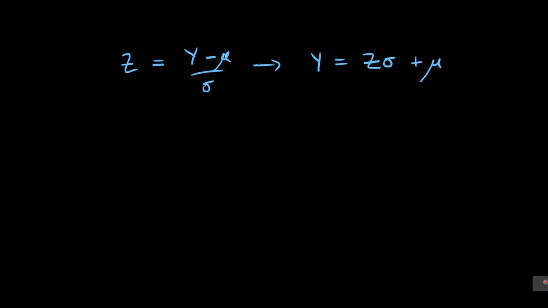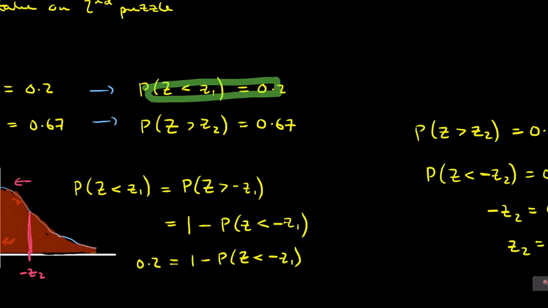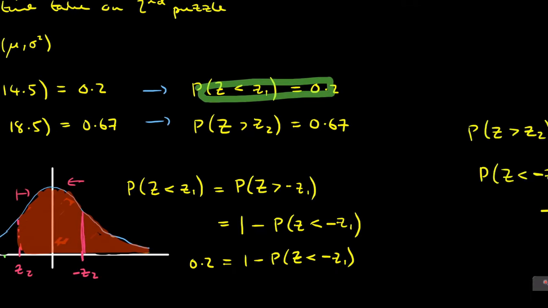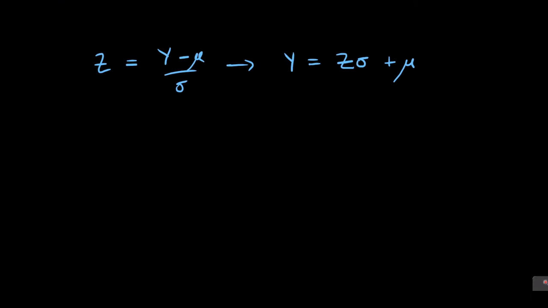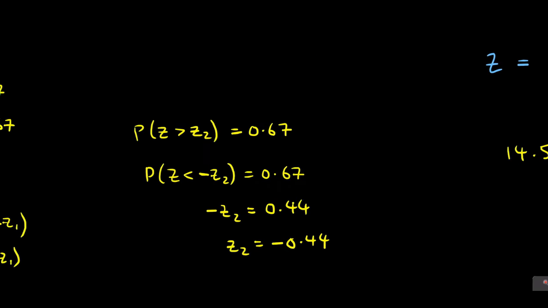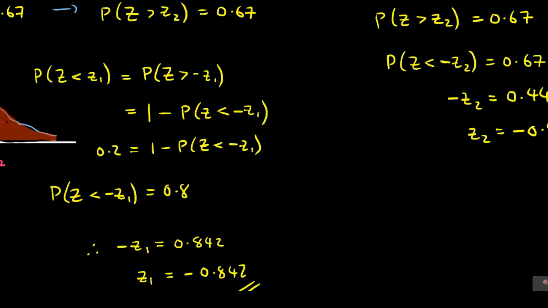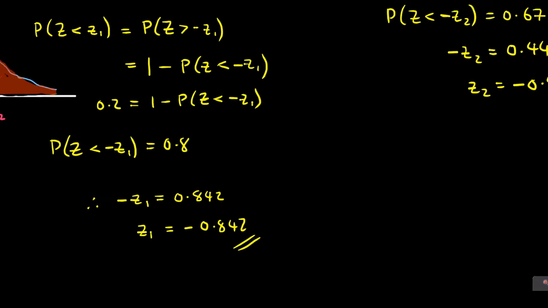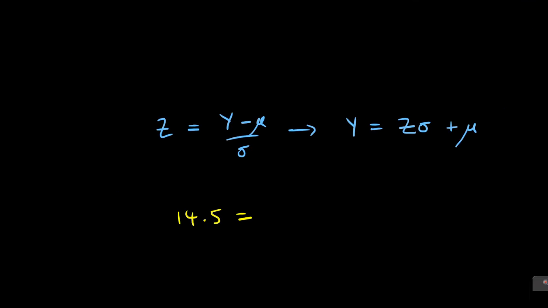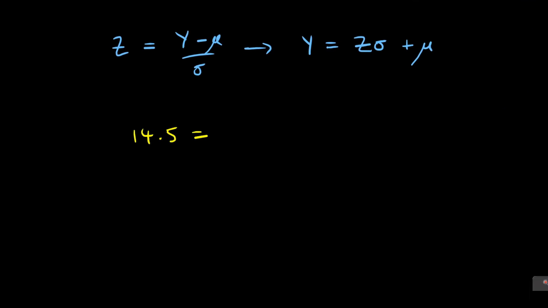Okay, so we're just going to substitute our two values in as we did. Our first Y value was 14.5. So we're going to say 14.5 is equal to the Z value times sigma. The Z value we had was negative 0.842, times sigma plus mu.